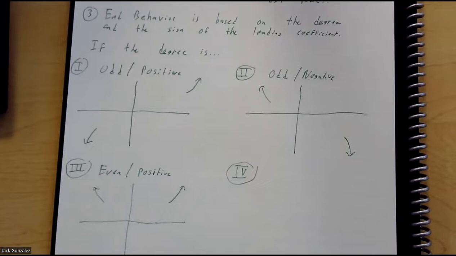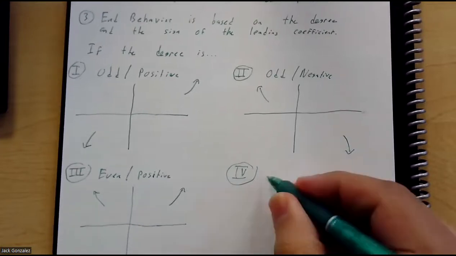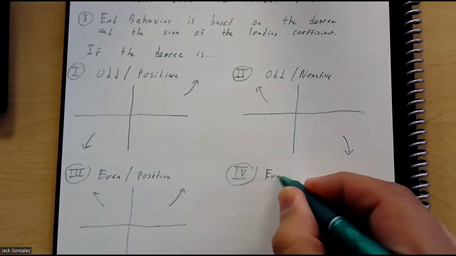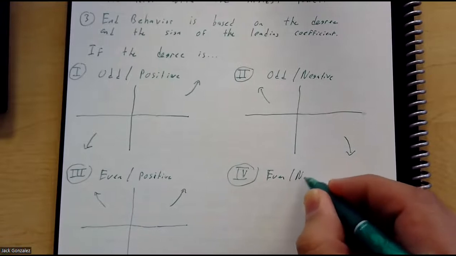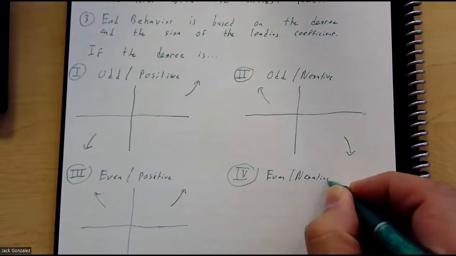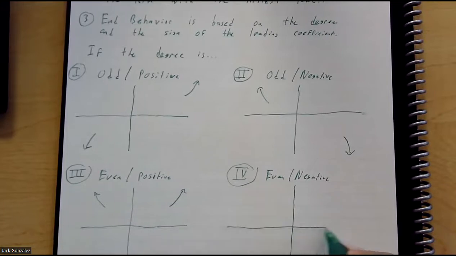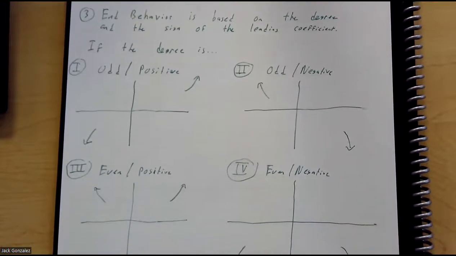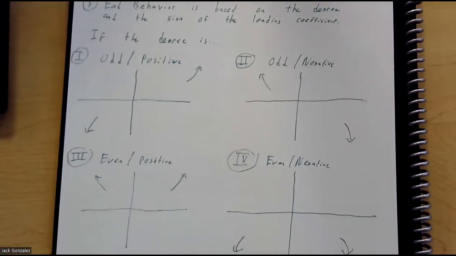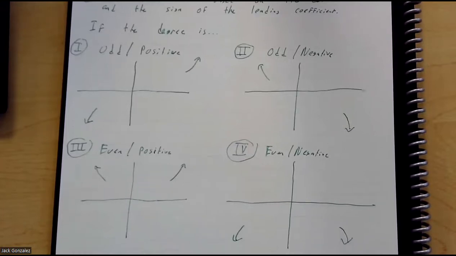If they're even, they're going to be going upward. If they're even but negative, they'll be pointing down. Just like that.